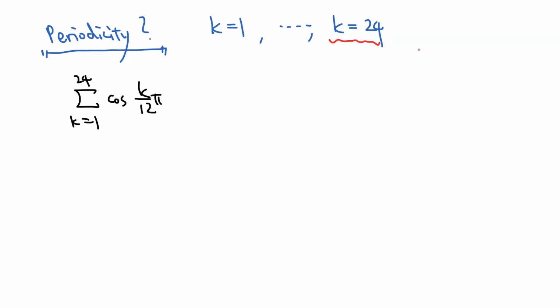Notice that at k equals 24, the angle becomes 2 pi. So the summation beyond k equals 24 is just a repetition of the summation from k equals 1 to 24.